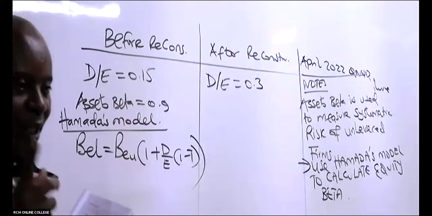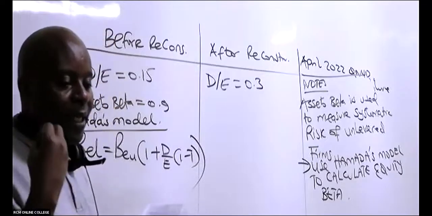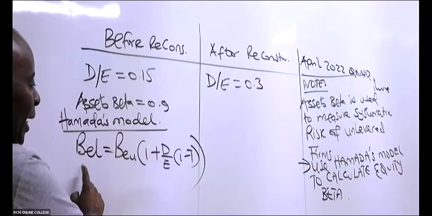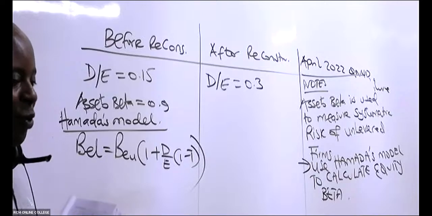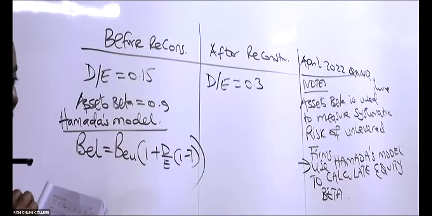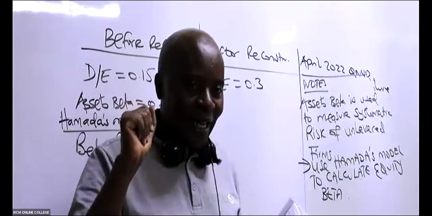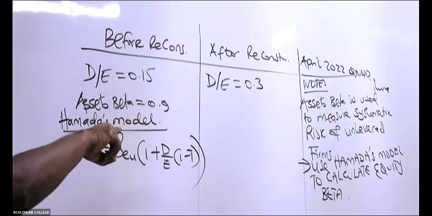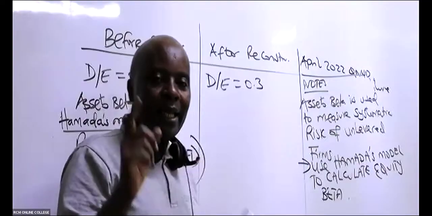A levered firm is a firm with debt, isn't it? A firm with debt. How about BEU? BEU is beta equity of an unlevered firm, also known as assets beta. You can see assets beta is used to measure systematic risk of unlevered firms. So BEU is also known as assets beta.